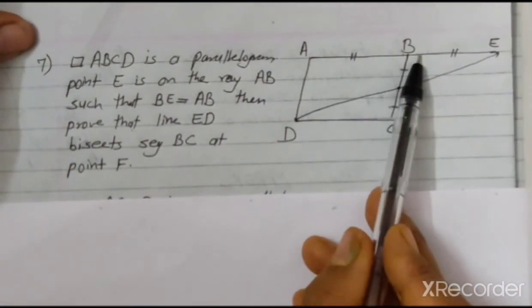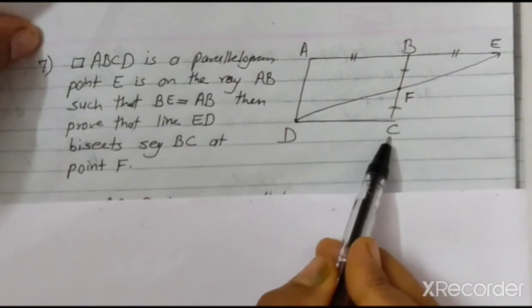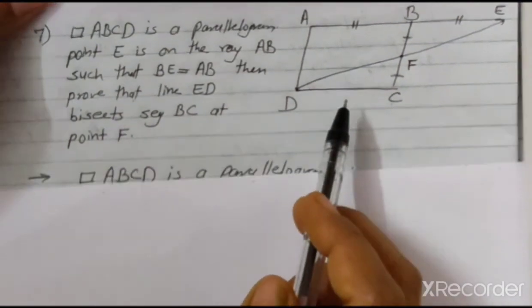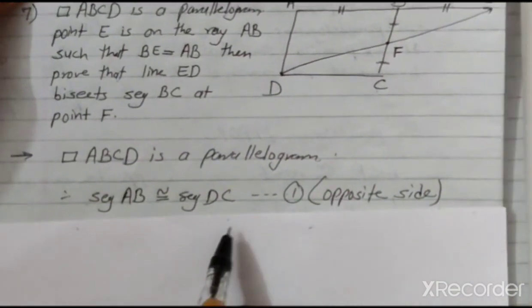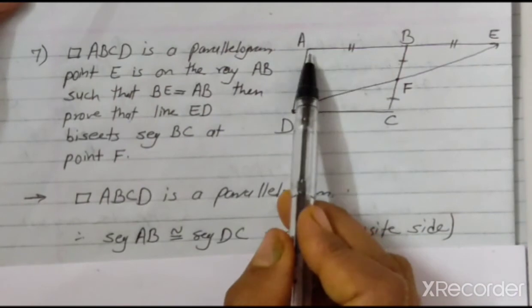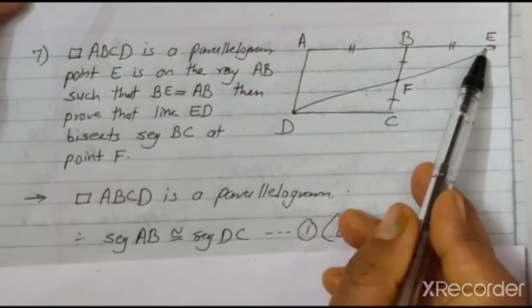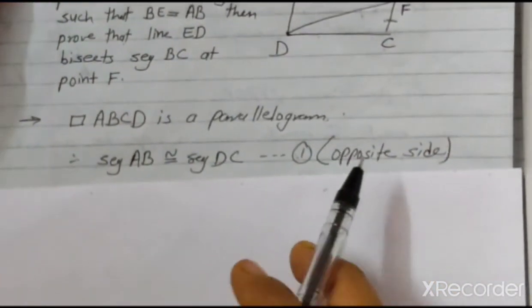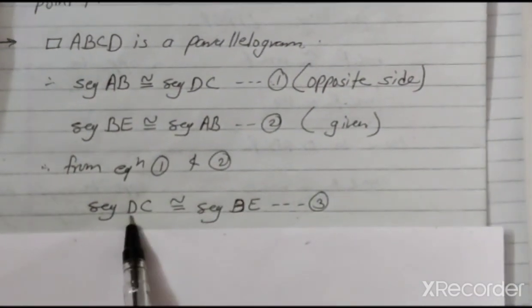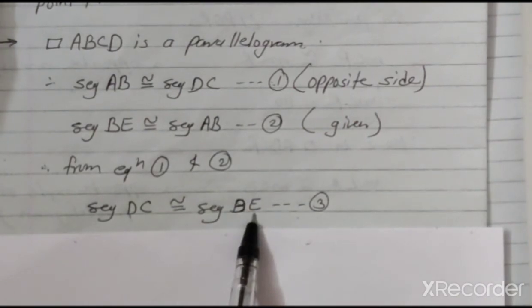So from this figure this segment AB is congruent with DC because both segments are opposite to each other. So by using this opposite segment, this is our equation number 1. Now this AB is congruent with BE. It is already given. So this is our equation number 2. So from equation 1 and 2 we can say that this DC is congruent with BE.